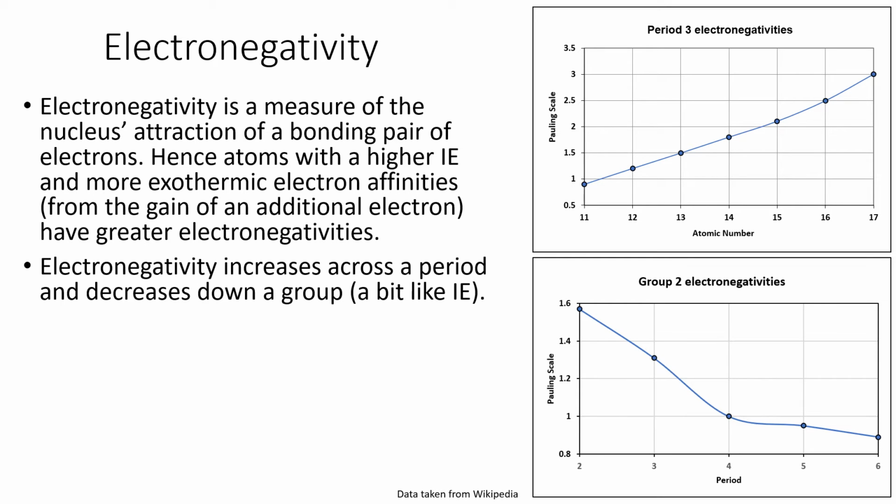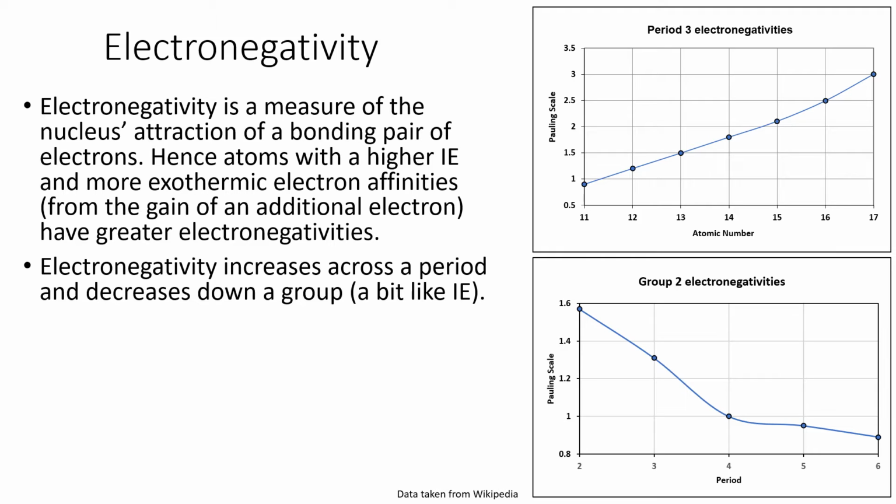Now, rather like ionization energy, we see these patterns emerge where the electronegativity increases from left to right across a period, and it decreases going down a group. So it's quite convenient to think about this concept just after having looked at ionization energy, as they're quite related.